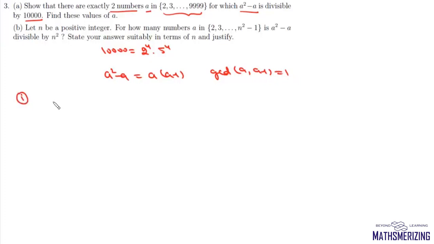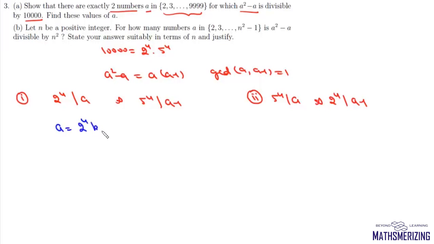Case 1, when 2 to the power 4 divides a and 5 to the power 4 divides a minus 1. And the second case, when 5 to the power 4 divides a and 2 to the power 4 divides a minus 1. Now we can write this as a equals some 2 to the power 4 into k1 and a minus 1 will be 5 to the power 4 k2.